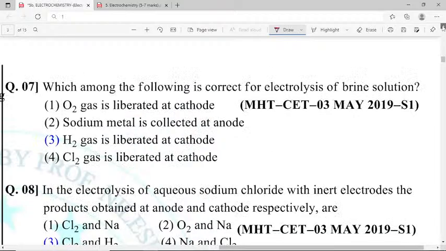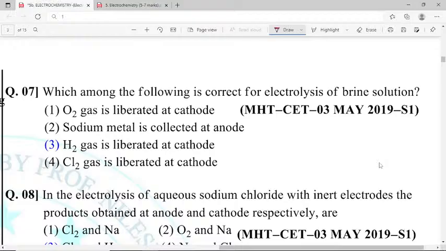Next, which of the following is correct for electrolysis of brine solution? Brine is aqueous NaCl.